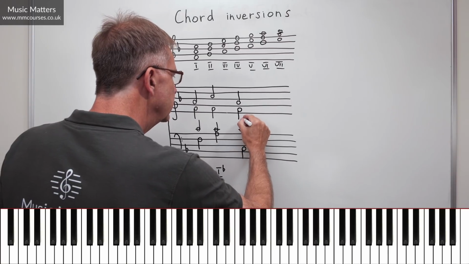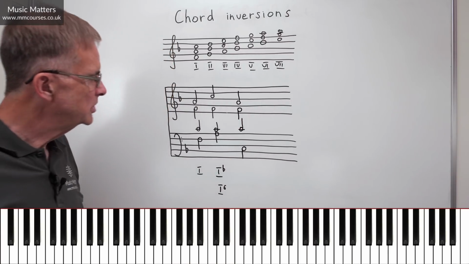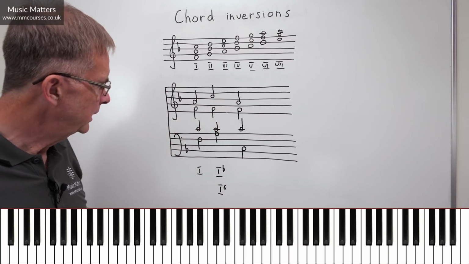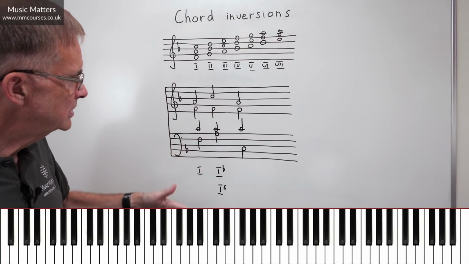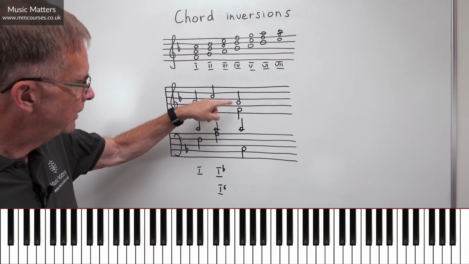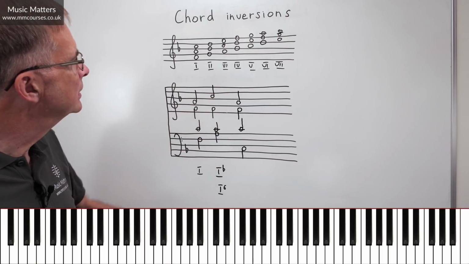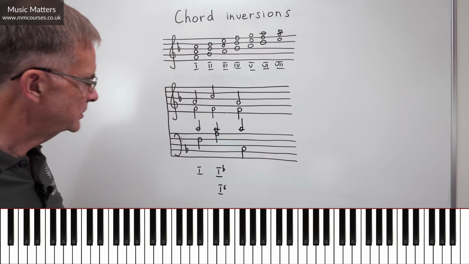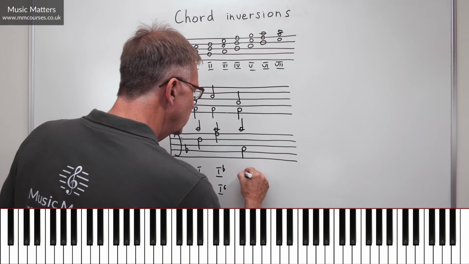Maybe like that this time. So I've doubled the C again, but I've got the F and the A up here. So first thing is, which are the notes? F, A, C. Which chord is that has F, A, C? Chord 1. So we can definitely label that chord 1.